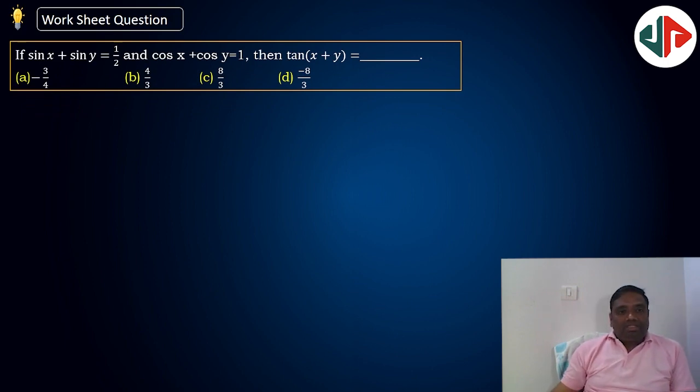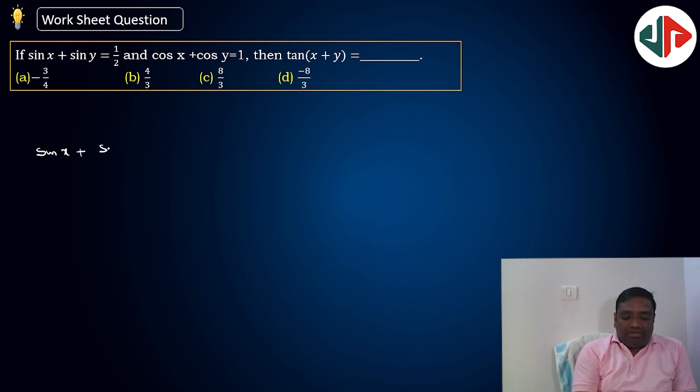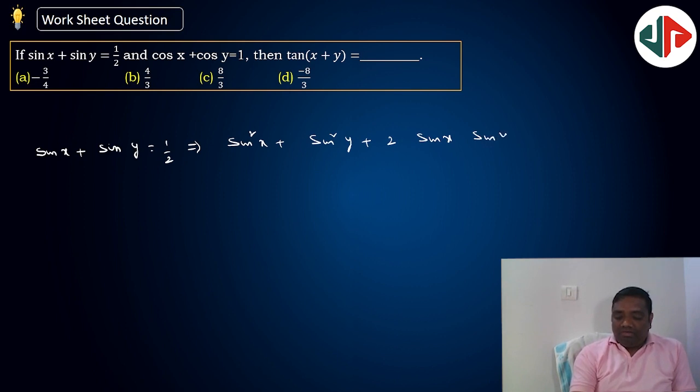Next one: sin x plus sin y is equal to 1 by 2, cos x plus cos y is equal to 1. Then what is tan of x plus y? Here sin x plus sin y is equal to 1 by 2. Squaring on both sides, sin square x plus sin square y plus 2 times sin x into sin y is equal to 1 by 4.